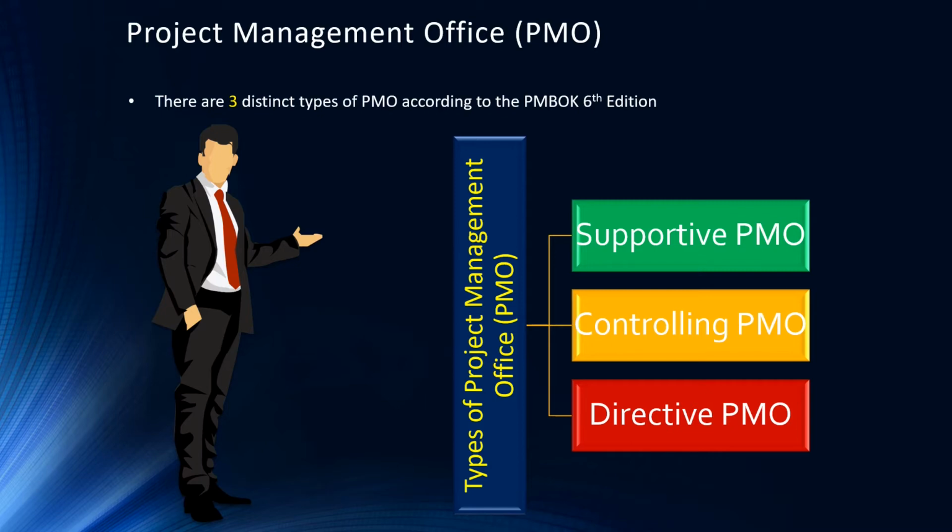If I recall right, I had around 5 to 6 questions based on PMOs alone. So in the next few minutes of the video, let's take a deep dive and try to understand what each type of PMO stands for.